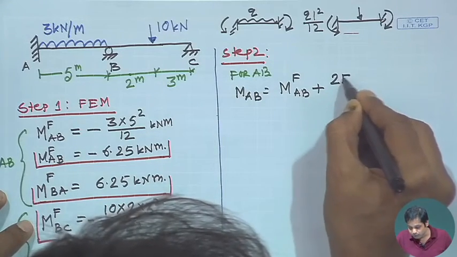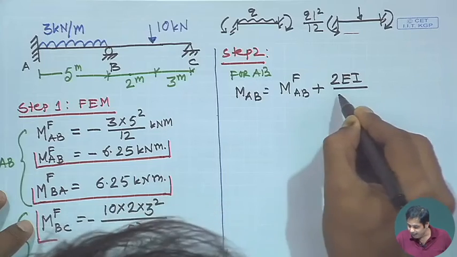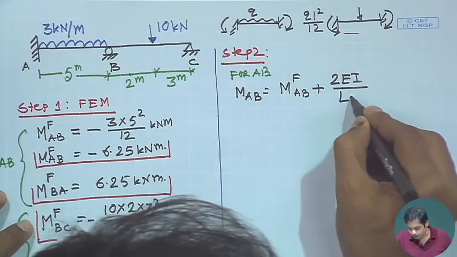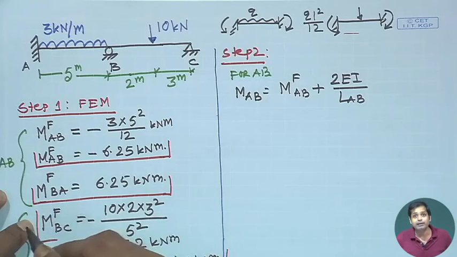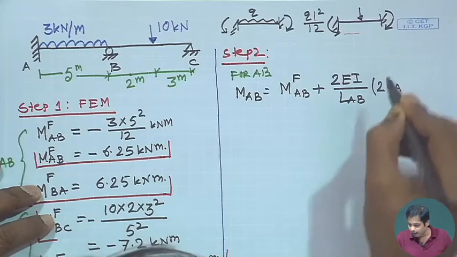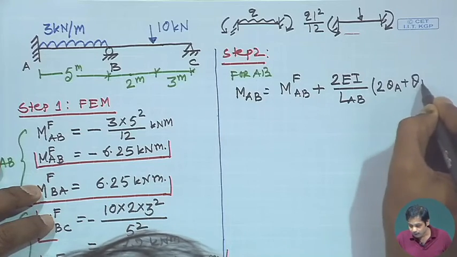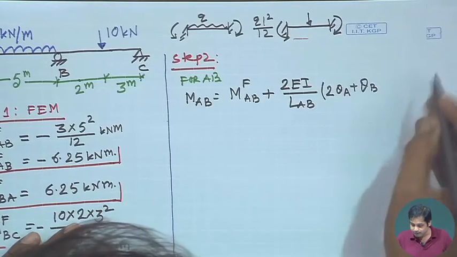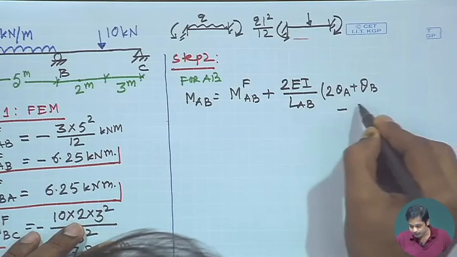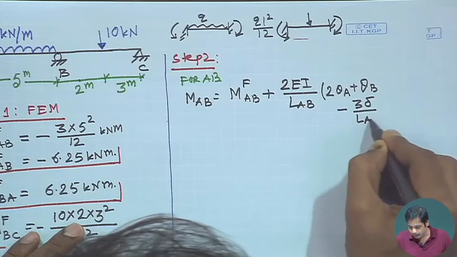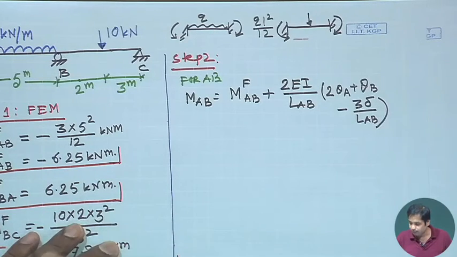This becomes 2EI by LAB into (2 theta A plus theta B) minus 3 delta by LAB. Okay. This is the slope deflection equation.